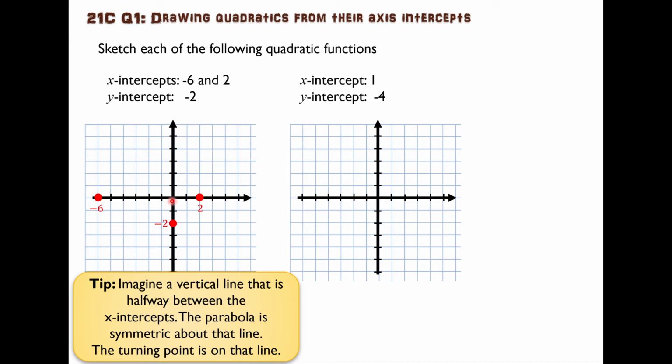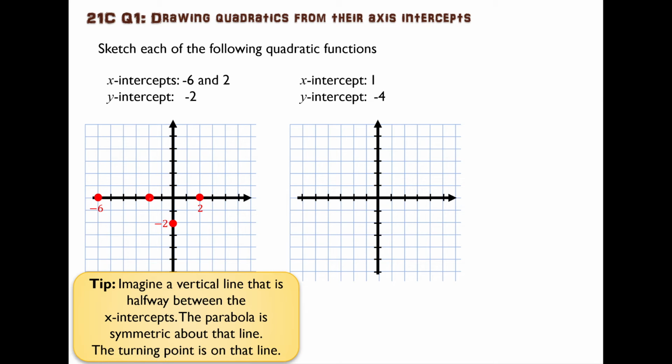Well, one tip that I have is imagine a vertical line that is halfway between the x-intercepts. There's the x-intercept and there's the x-intercept. So just imagine the point that is exactly halfway, which is this point here.